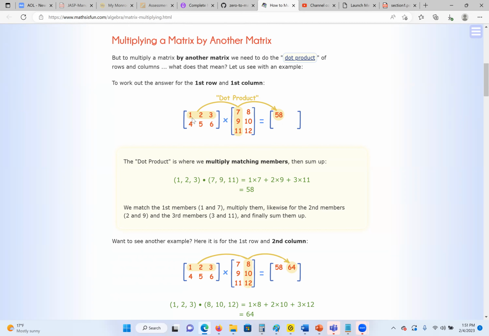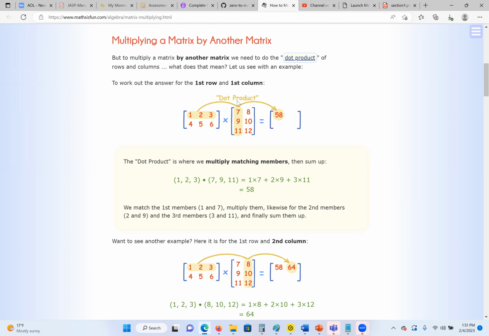So what we do is we take 1 times 7, then 2 times 9, then 3 times 11. The three answers that we get, we add all together, and that gave us 58. And we can see it right here. So again, the first row of the first matrix on my left is 1, 2, 3.